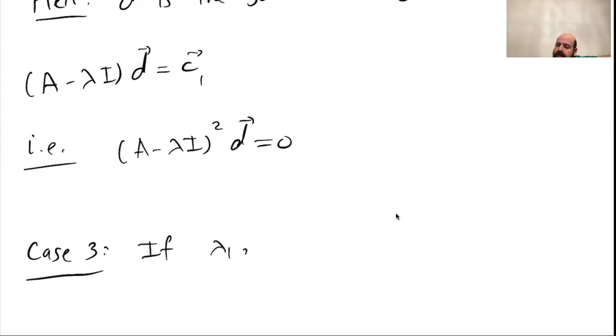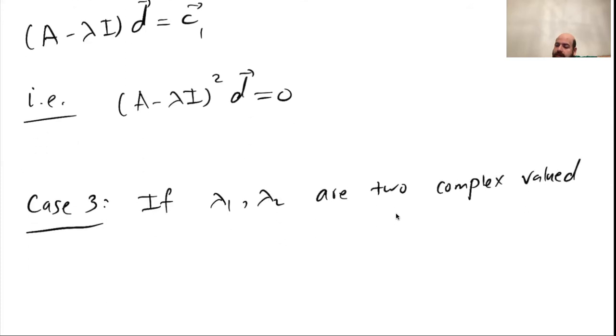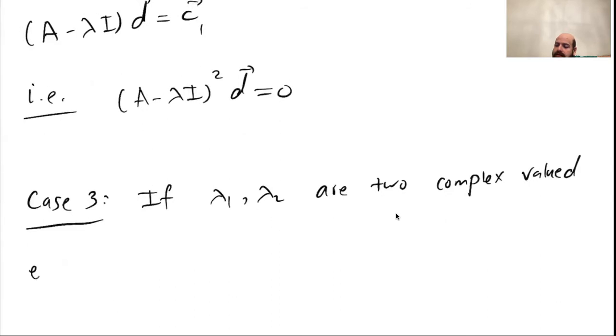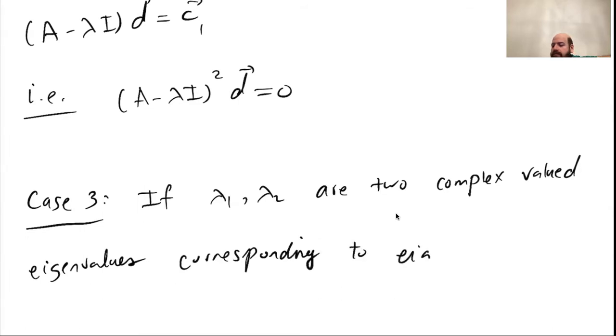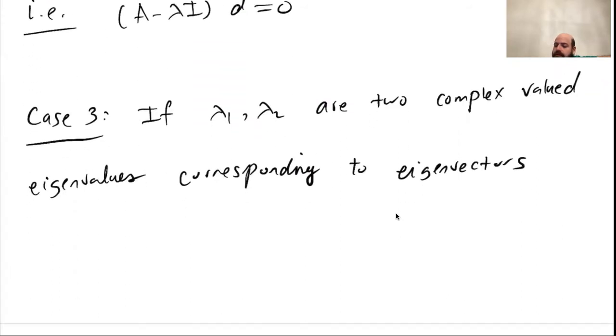And case 3, if lambda 1 and lambda 2 are two complex valued eigenvalues corresponding to the eigenvectors C1 and C2, which will be C1 bar.